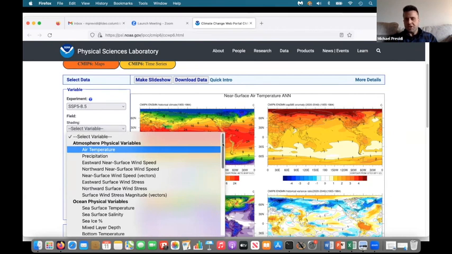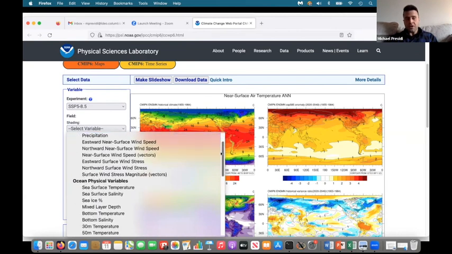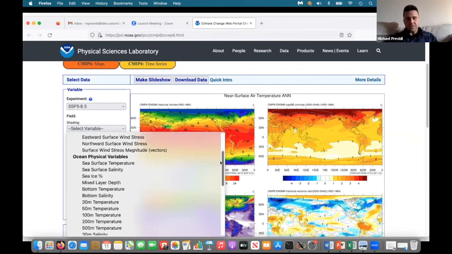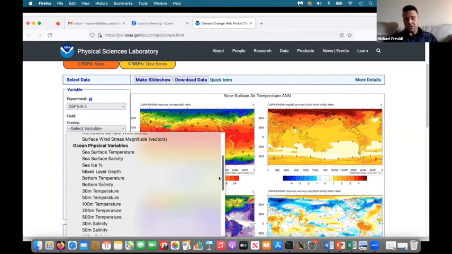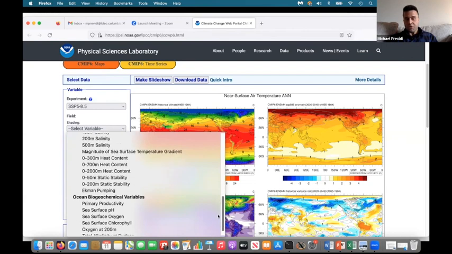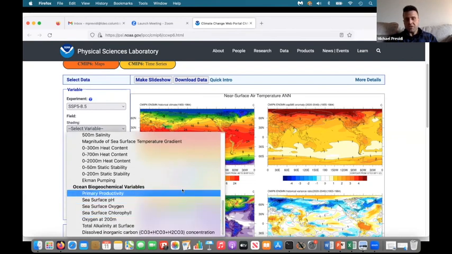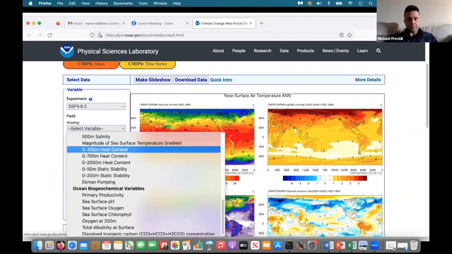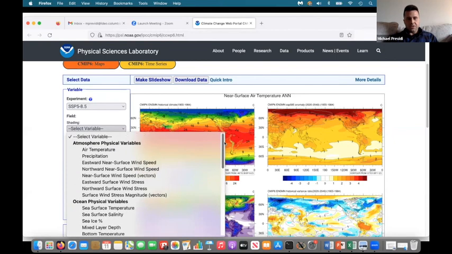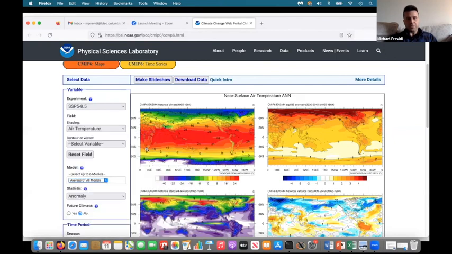We're going to focus today just on air temperature, which is the near surface air temperature, but there's a number of others. There's precipitation and winds. There's a number of ocean variables that you can plot: sea surface temperature, salinity, sea ice, and so forth. There are ocean physical variables, and also ocean biogeochemical variables such as primary productivity and surface ocean pH and so forth. So I'm just going to select air temperature since that's what we'll focus on today.